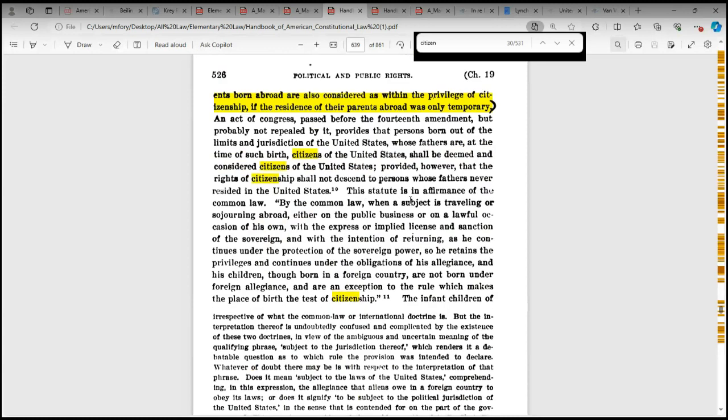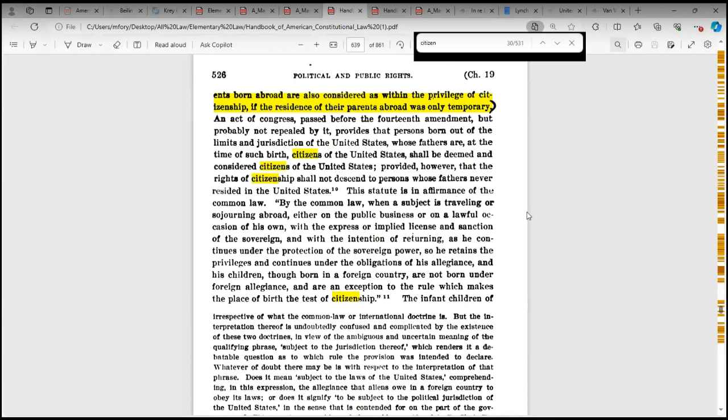This statute is in affirmance of the common law. By the common law, when a subject is traveling or sojourning abroad, either on the public business or on a lawful occasion of his own, with the express or implied license and sanction of the sovereign, and with the intention of returning, as he continues under the protection of the sovereign power, so he retains the privileges and continues under the obligations of allegiance.